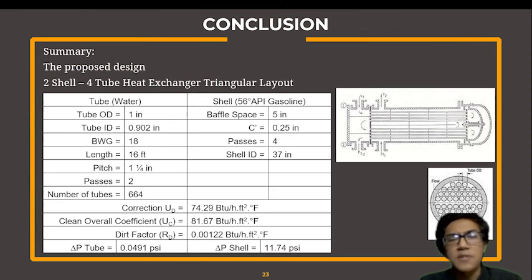The overall coefficient is estimated as 81.667 when it's clean and 74.29 when it's dirty. The fouling factor is 0.001 on the tube side and 0.001 on the shell side as well. The total pressure drop on the tube side is 0.0491 psi and on the shell side is 11.7422 psi.